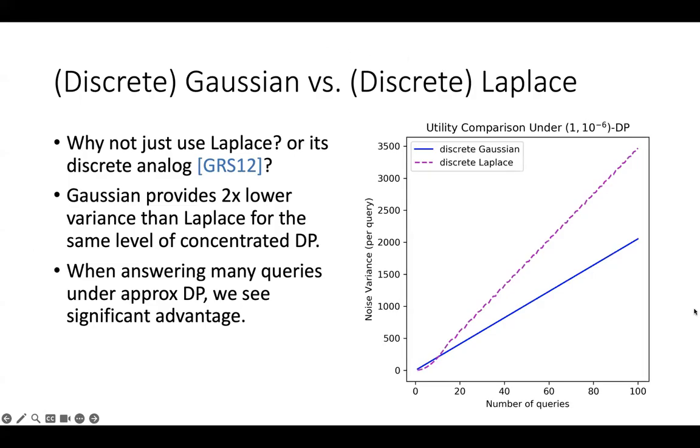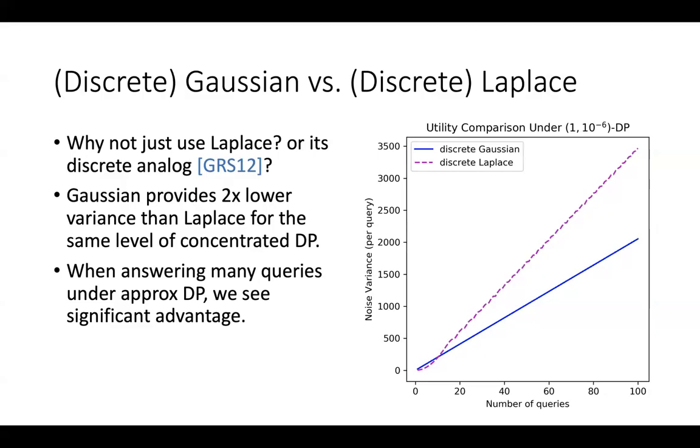So here, what I'm doing is I'm answering an increasing number of queries. The x-axis is the number of queries I'm answering, ranging from 1 to 100. And I'm setting the noise variance so that the overall privacy is epsilon equals 1, delta equals 10 to the minus 6 DP.